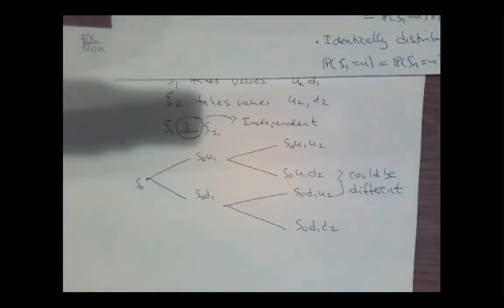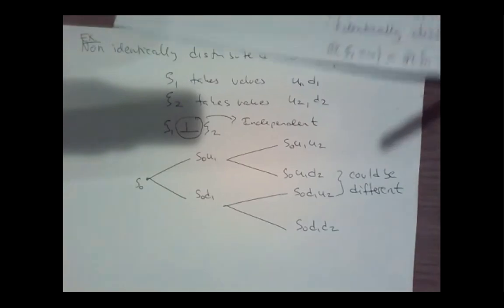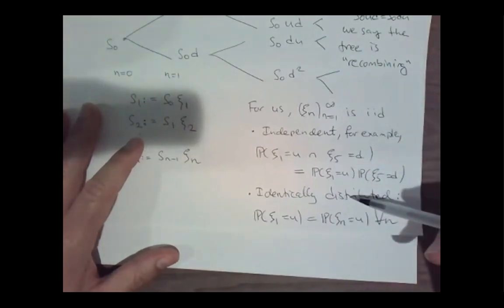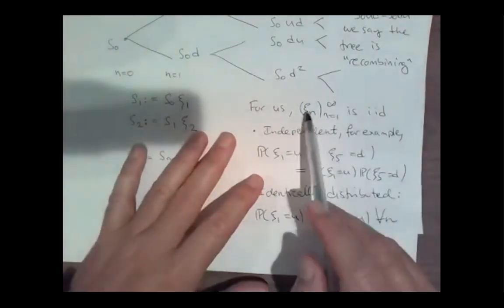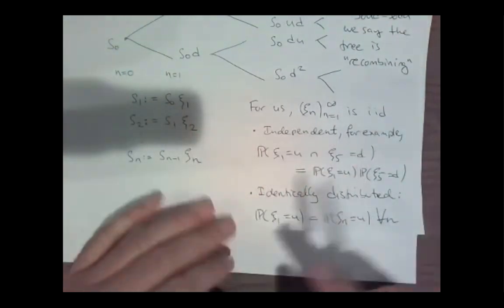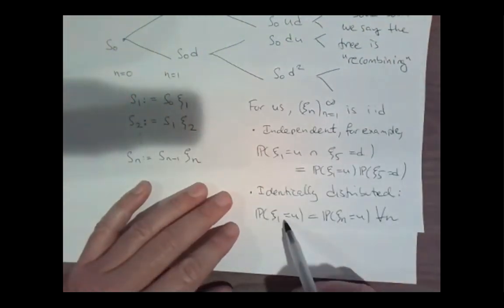Professor, do you mind going over this example again, please? Yes, of course. For us, the binomial models that we are going to be developing have the structure I have on this piece of paper. The coin flips are all independent, and they all have the same distribution.